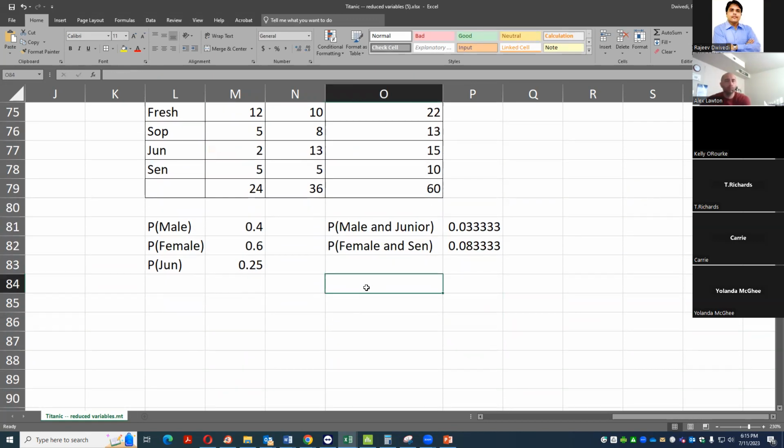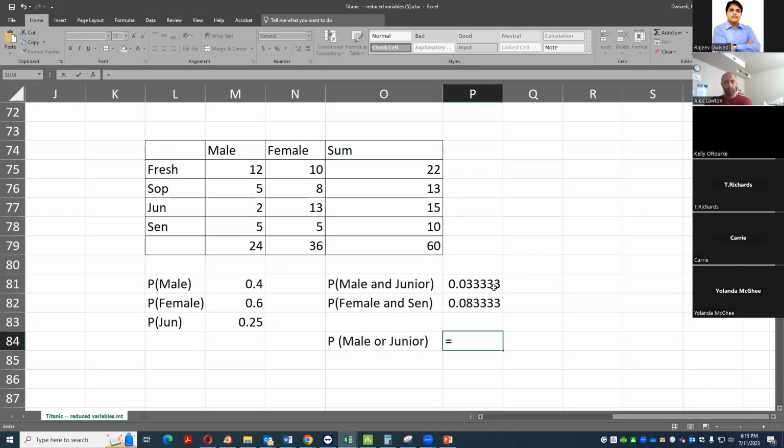So the condition, probability of male or junior. What is the answer? Here it is a 3 step process. The formula says probability of male plus probability of junior minus probability of male and junior.